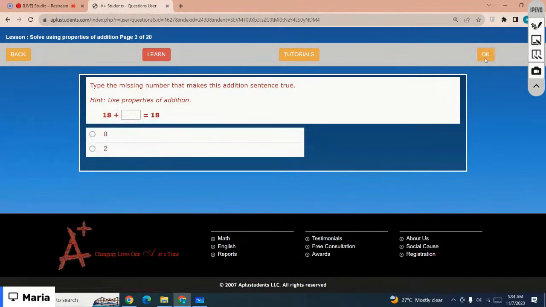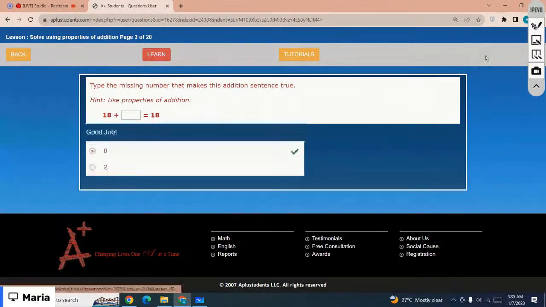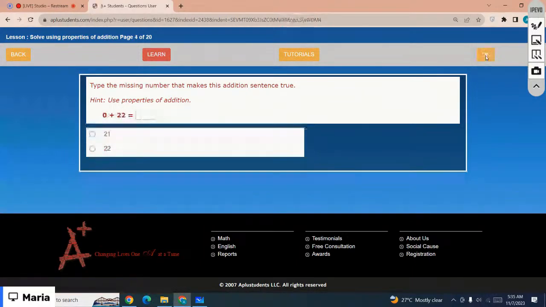What number when added to 18 gives exactly the same number? Yes, that would be identity 0. 0 is the identity. 18 plus 0 equals 18. Type the missing number that makes the addition sentence true.